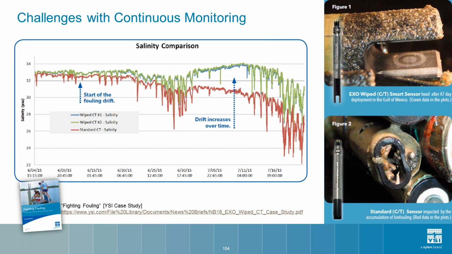This information is also showcased in our Fighting Fouling case study, which is linked here at the bottom. If you haven't seen this yet, I highly encourage you to check it out. But as you can see on this slide, the wiped conductivity sensor stays relatively clean after the deployment, as opposed to the standard non-wiped conductivity sensor.